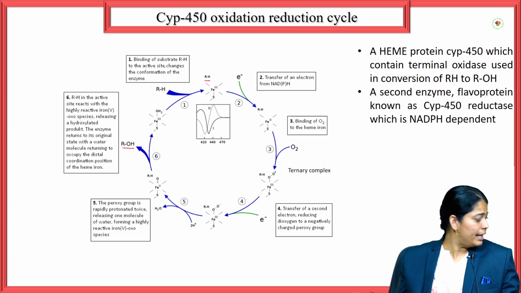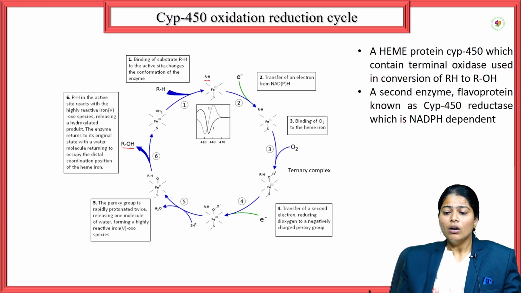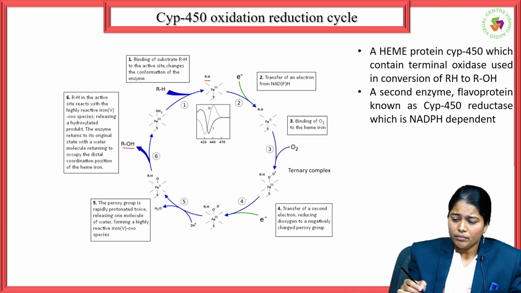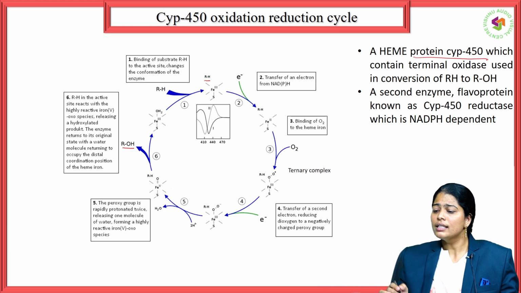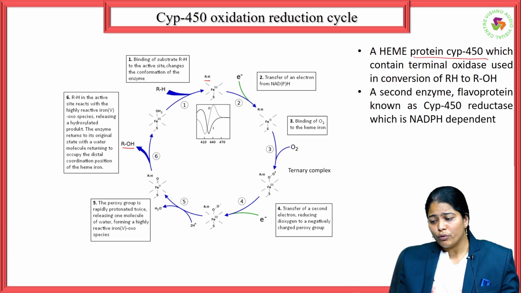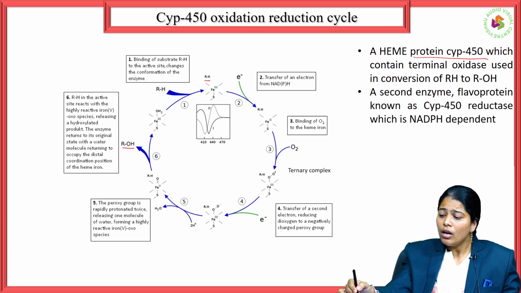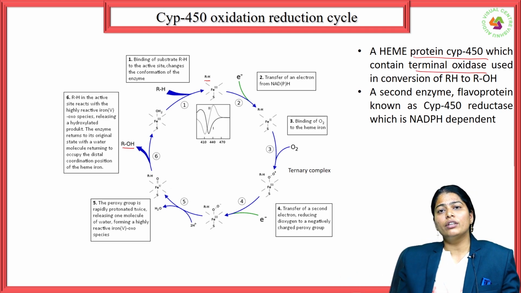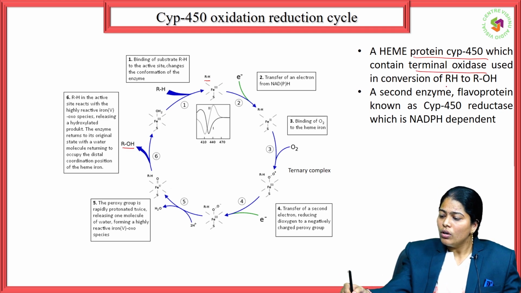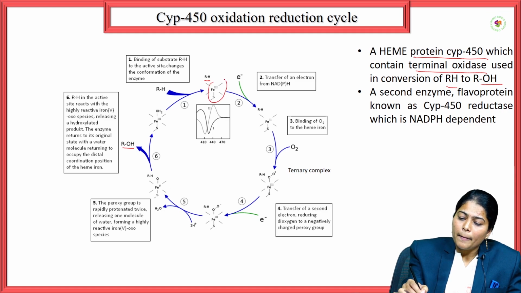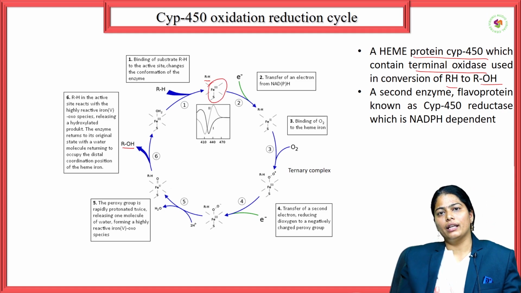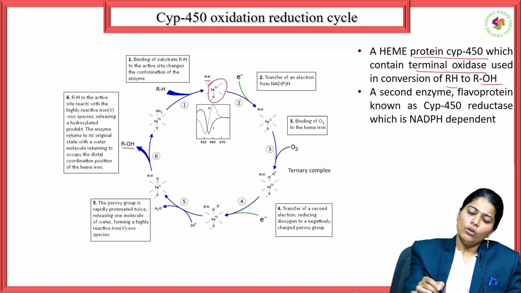What are the reactions involved in the oxidation reduction cycle? Here there are two types of proteins. The first one is a heme protein, cytochrome P450, which contains terminal oxidase, used for the conversion of RH to ROH.